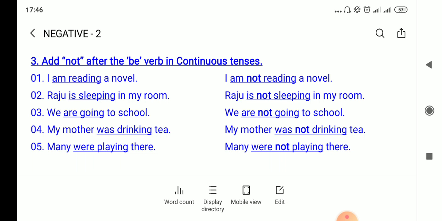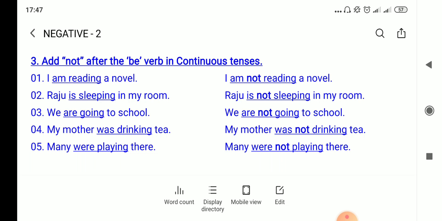In the second sentence, Raju is sleeping in my room. The verbs are is and sleeping. Now, you have to add not after the verb is. Then, the sentence becomes Raju is not sleeping in my room.